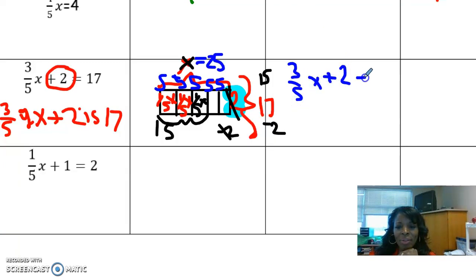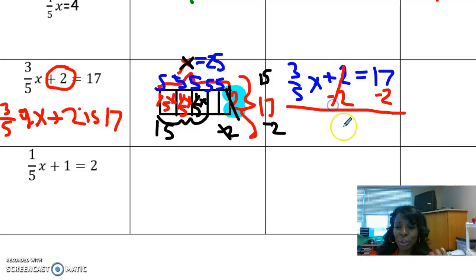A little bit too heavy because our 2 is there. So we want to know what x is. So the first thing we need to do is get rid of the 2. The 2 is in the way. So we want to reduce by 2 because the 2 is extra.